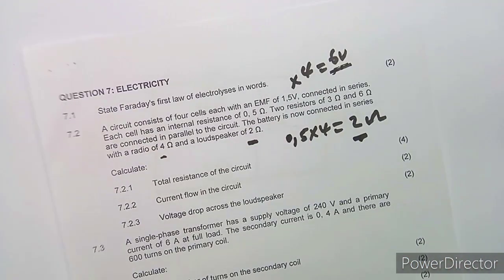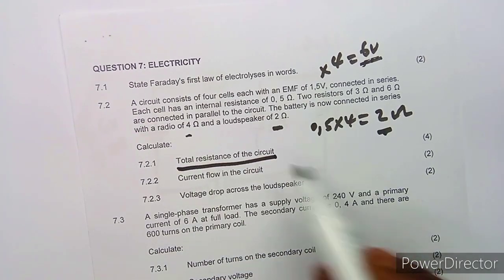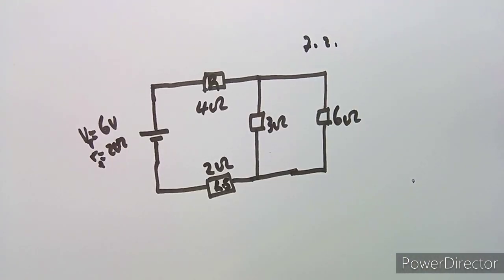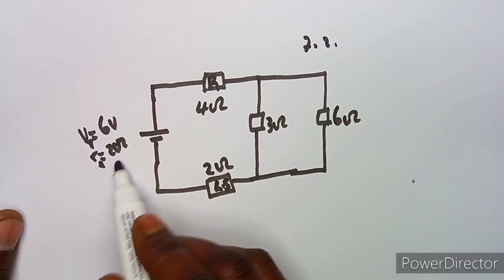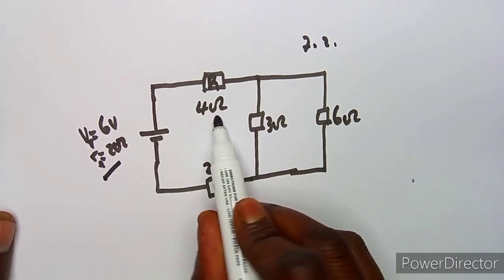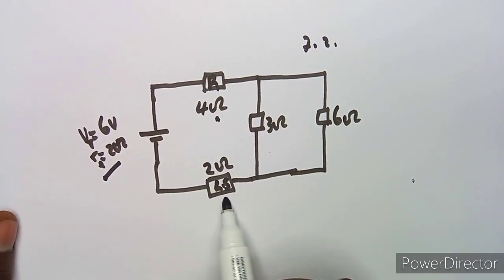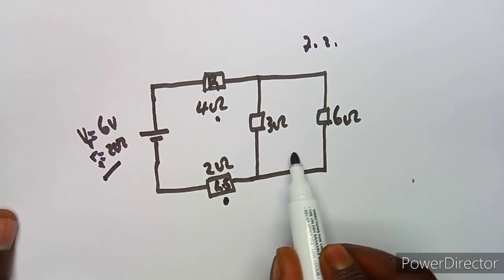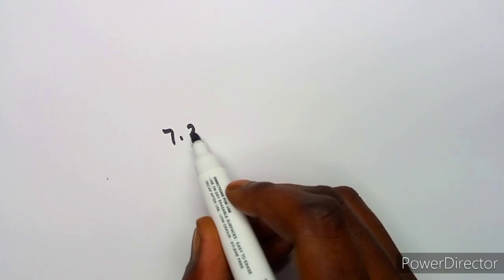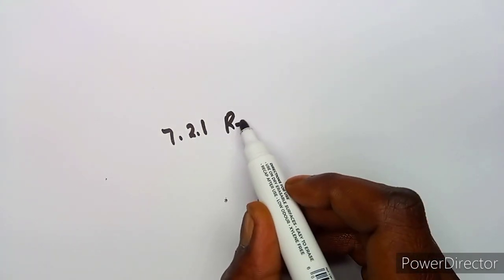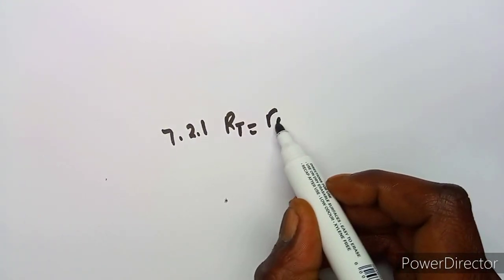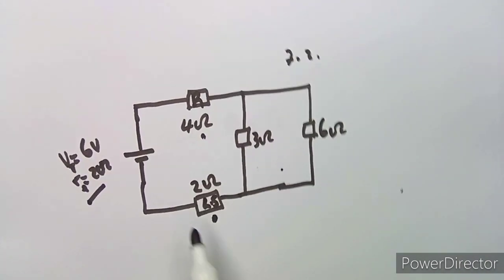So now, in order for us to calculate the total resistance of the circuit, we can analyze that we have got internal resistance, a radio, a loudspeaker, and a parallel component in this case. So we shall add the internal resistance, the radio, the loudspeaker, and the parallel circuit.